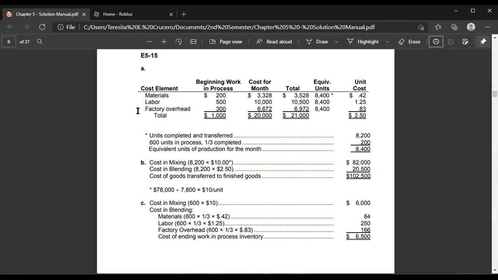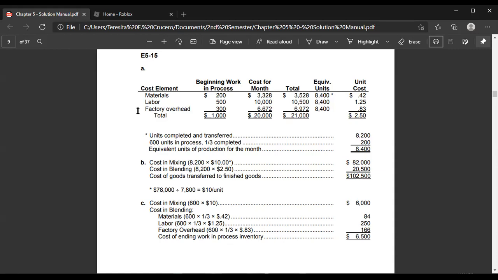So we have now 82,000. Add the cost in blending of 20,500. The cost of goods transferred to the finished goods is 102,500. Now that's the cost of your completed units.